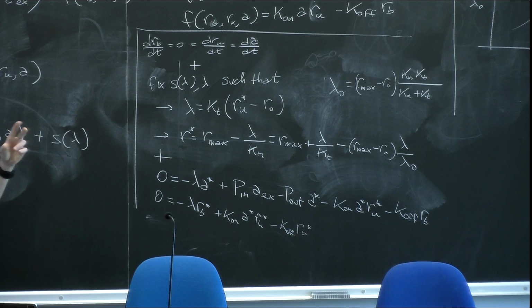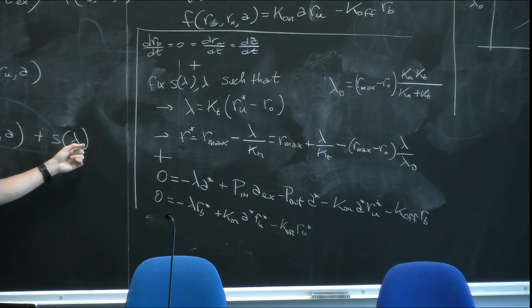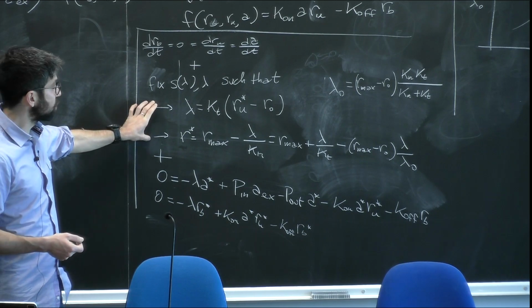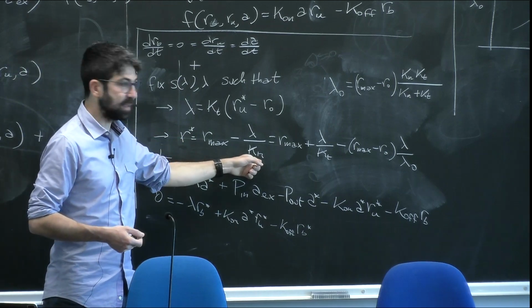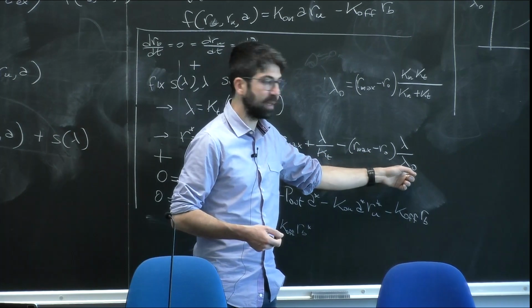In some sense, you have two unknown things which we are fixing with these two: one is the shape of S of lambda, and one is the value of lambda. We are fixing both by using these two. And you see that in these two conditions, there is a dependency on the nutrient, on this kappa n, or if you want, a dependency on lambda naught.